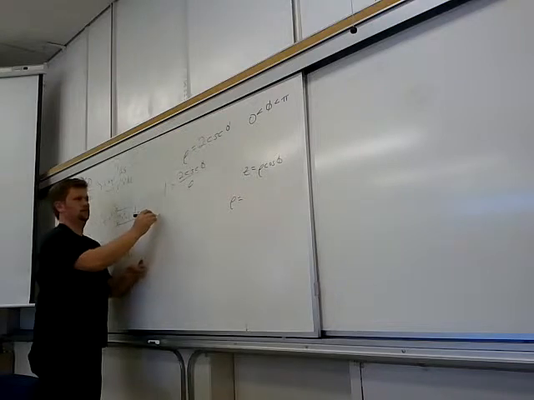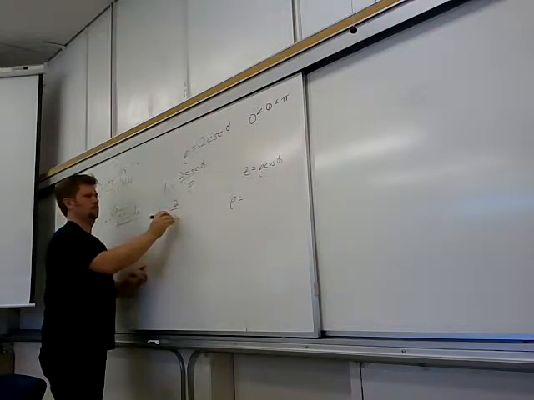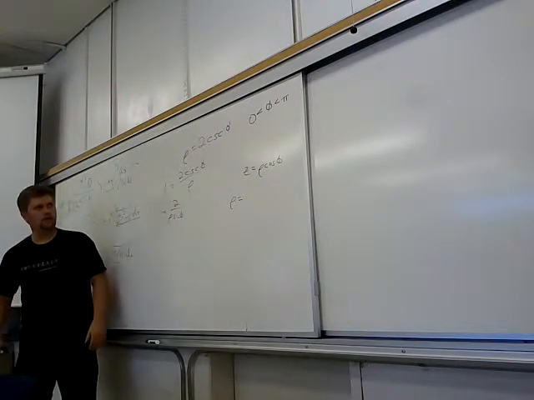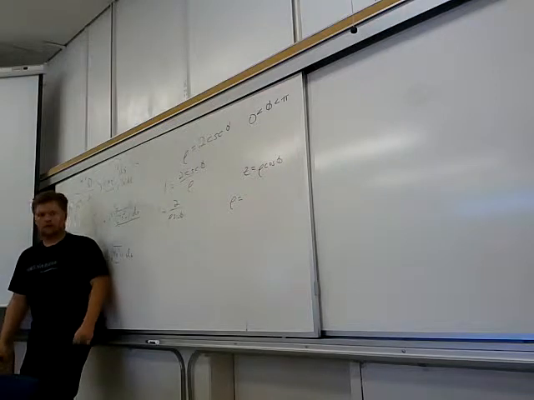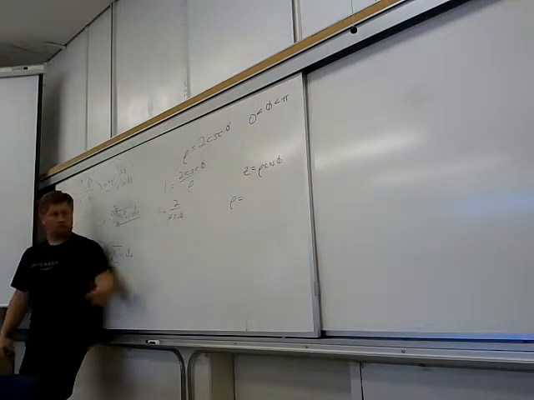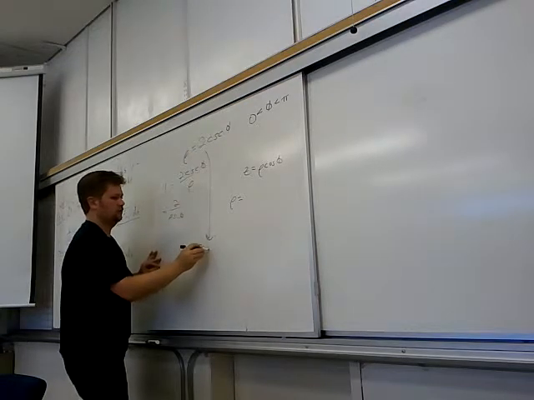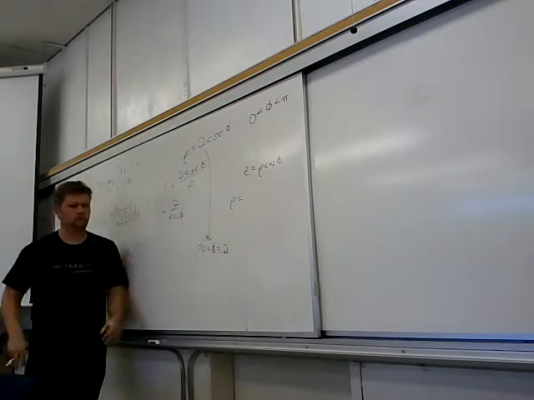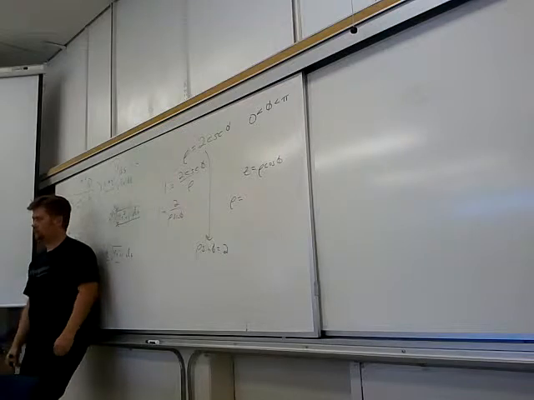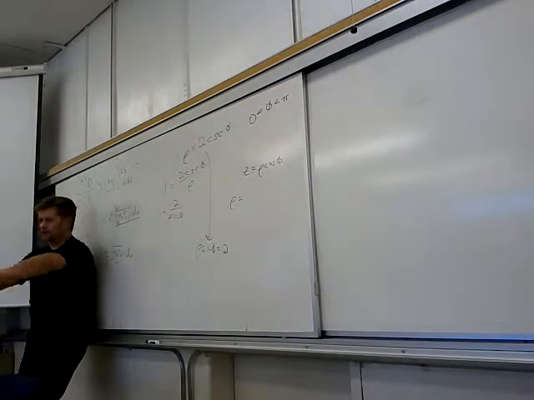Multiply both sides by sine. So if you do this, rho sine equals 2. Yeah, rho sine is r. Rho sine is r, good.